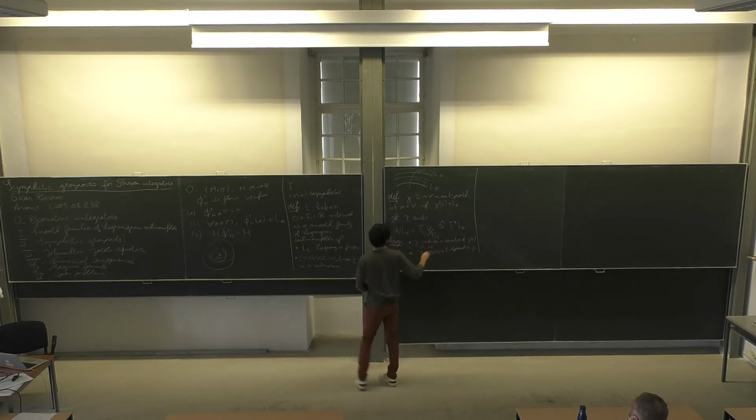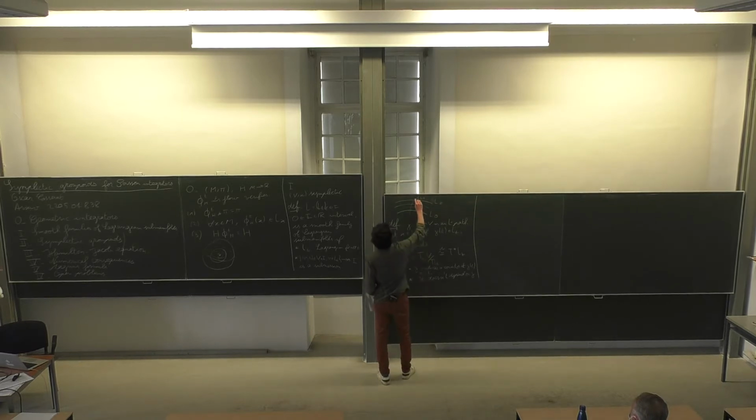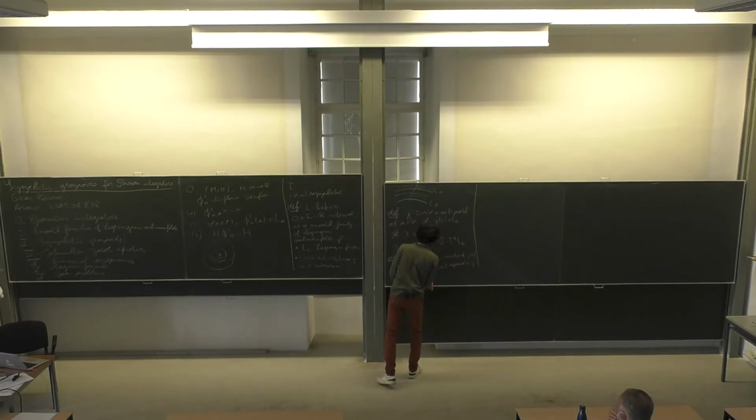How is the covector defined? You're here. Take the derivative of gamma, and you project it on the normal bundle, and then you use the symplectic form to get a covector.